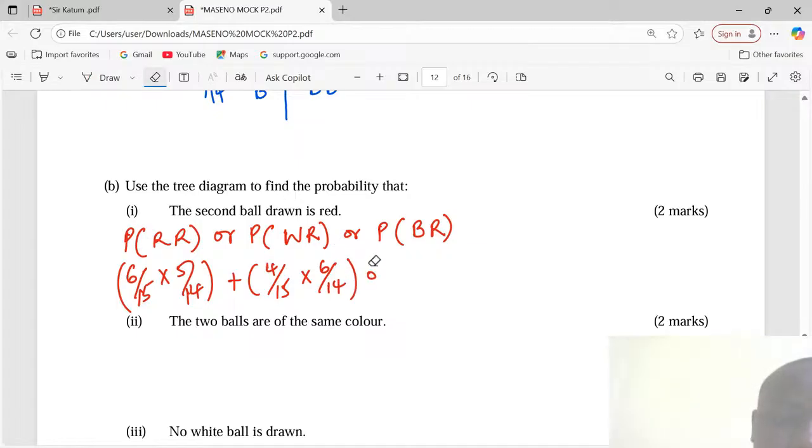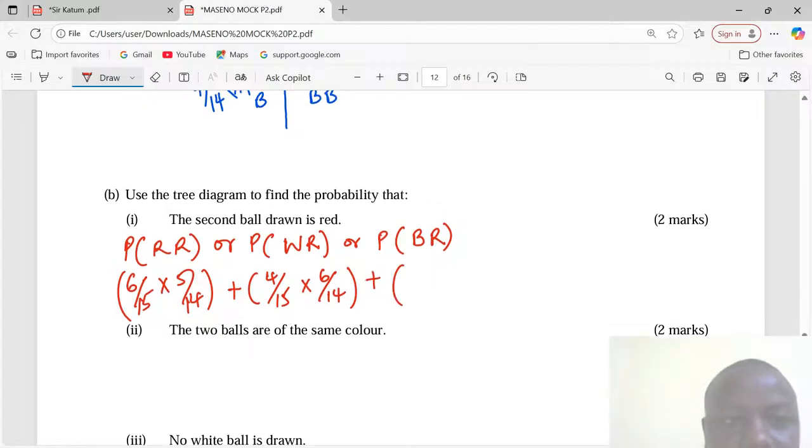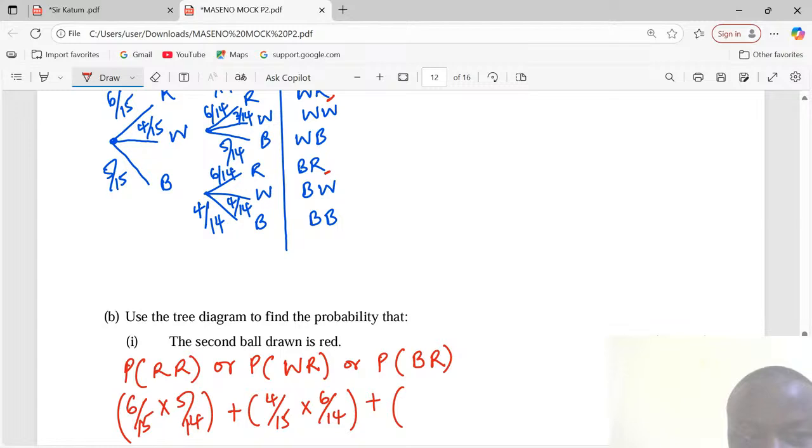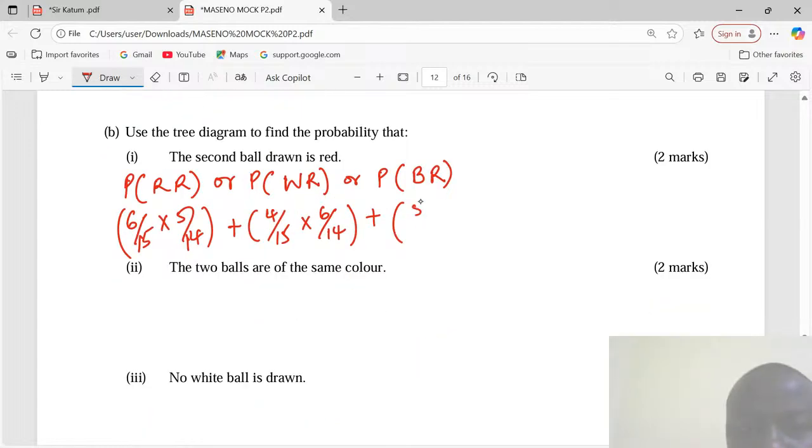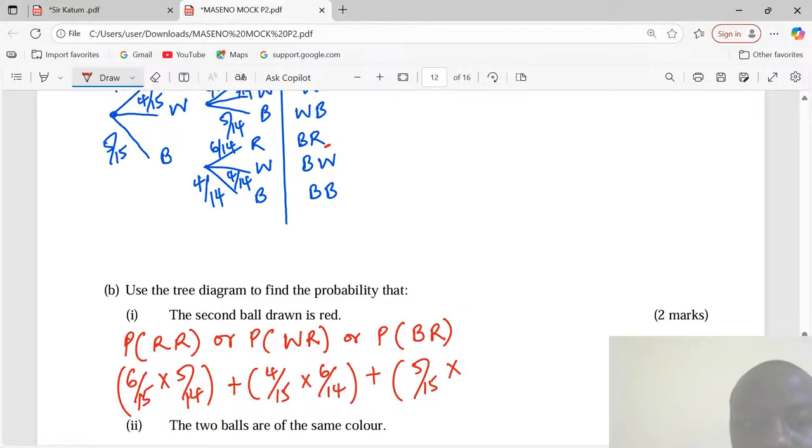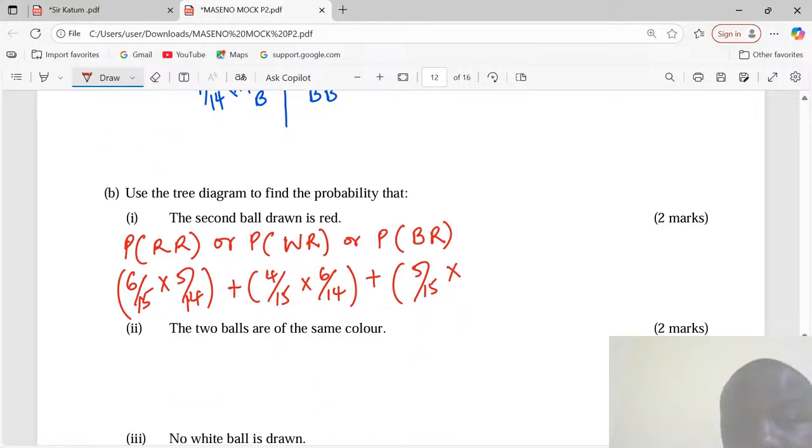Once again, addition. It could be first blue, so 4/15, then red, which is 6/14.